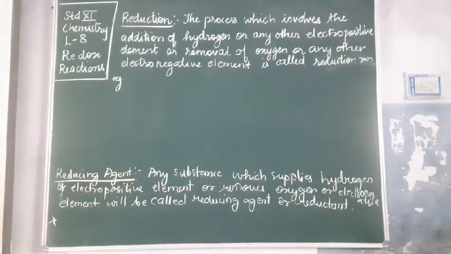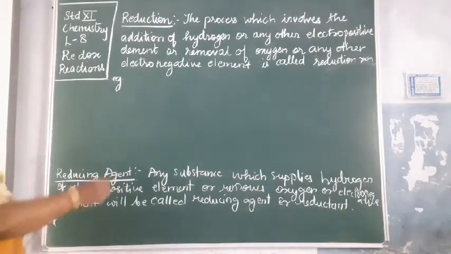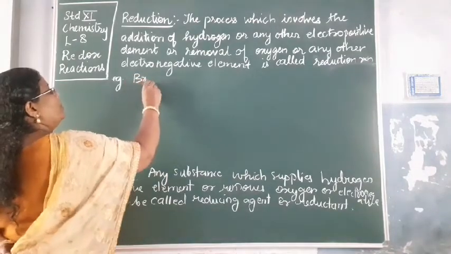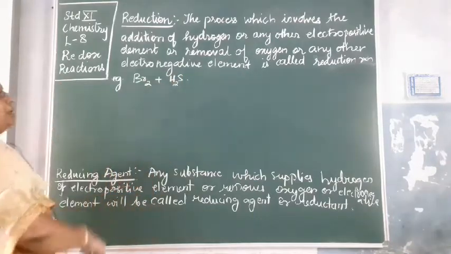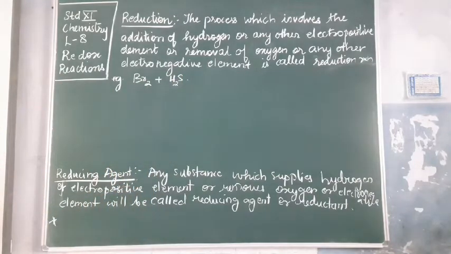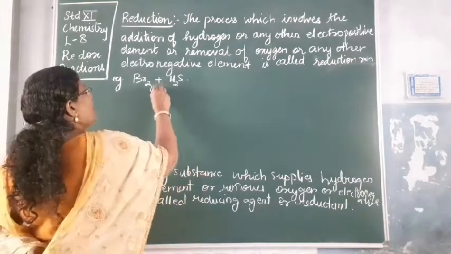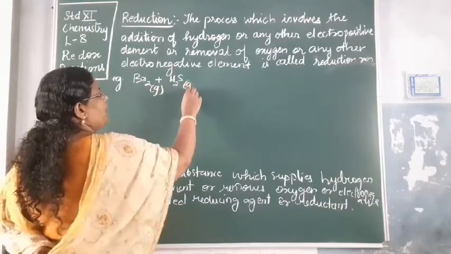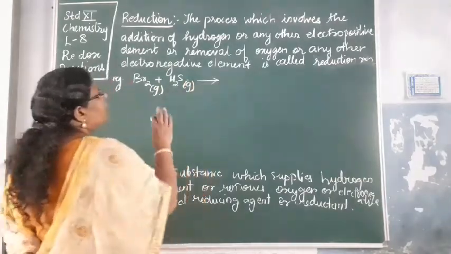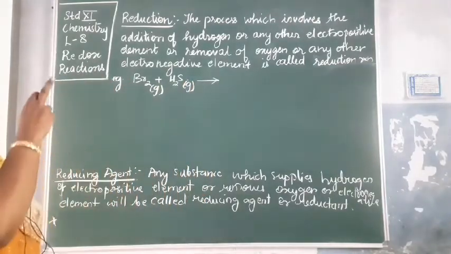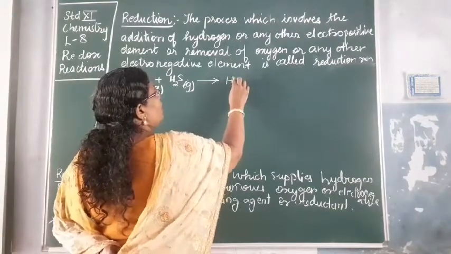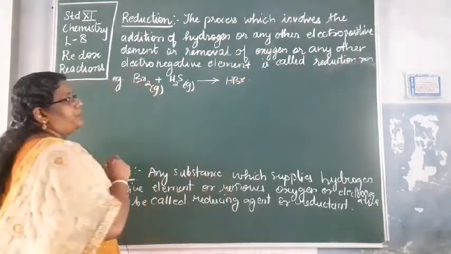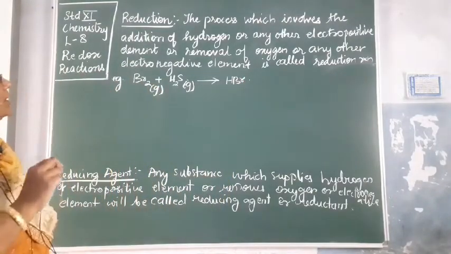Okay, so here first example we will take Br2 plus H2S. Okay, Br2 is bromine water and H2S is the gas. So Br2 bromine gas ले लेते हैं, bromine gas. Now here what is said? Addition of hydrogen. So when these two react, it gives you HBr, hydrogen bromide. So what have you done?